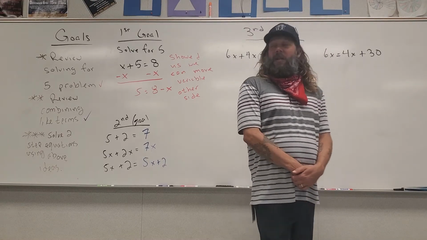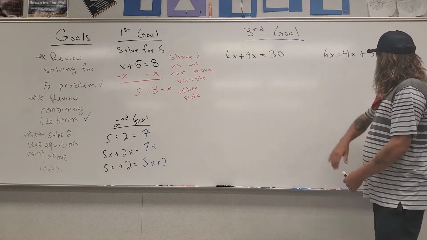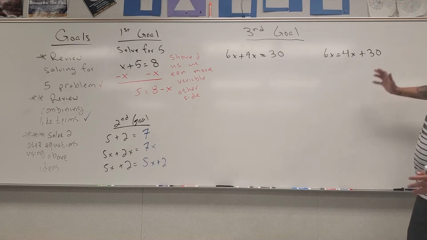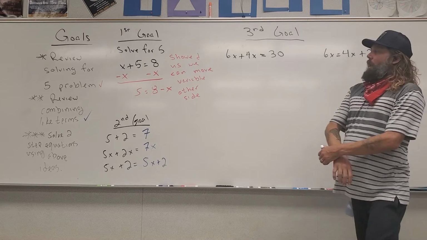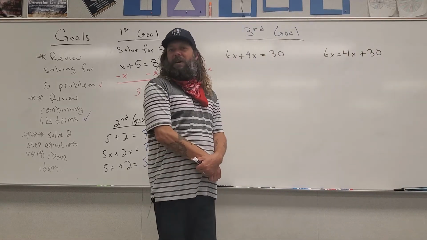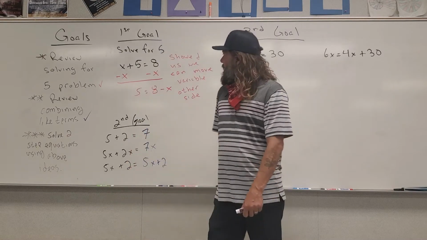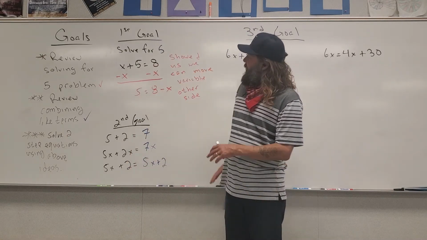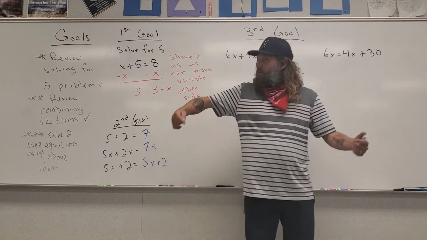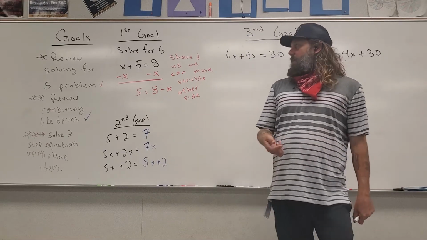So even though on this problem I got a 6x by itself, we don't divide through because we haven't got everybody together. So you're going to have to figure out: do you have this idea where you need to get a variable to the other side, or do you have this idea where you can just put them together?